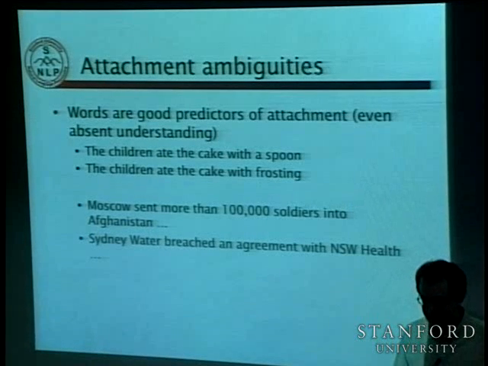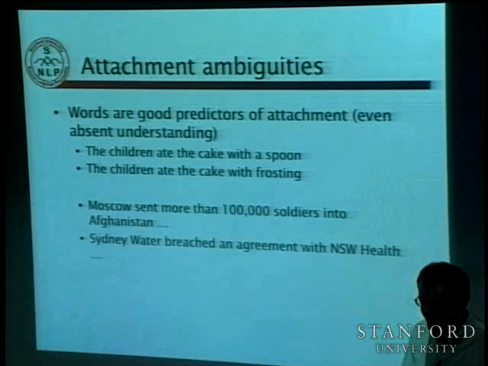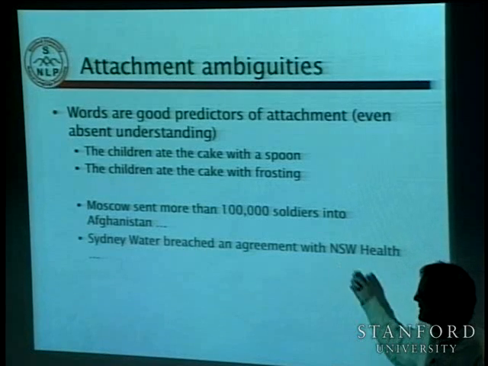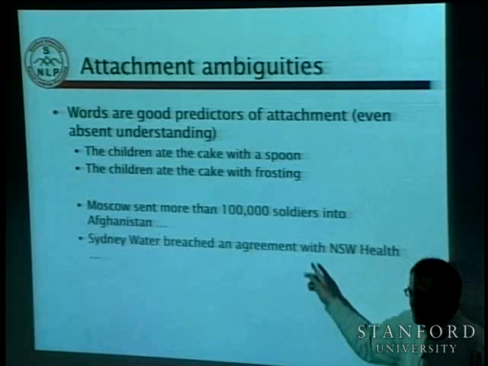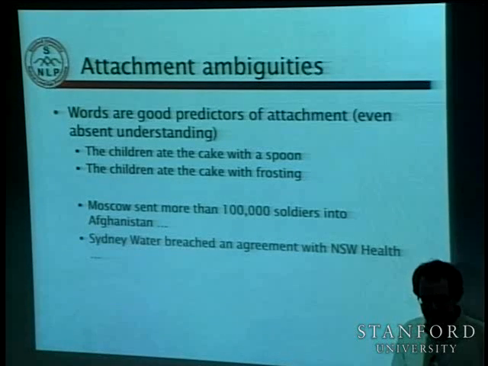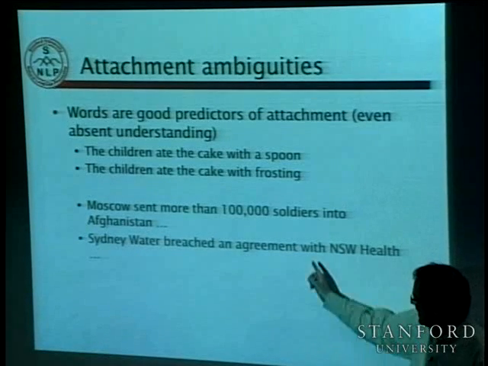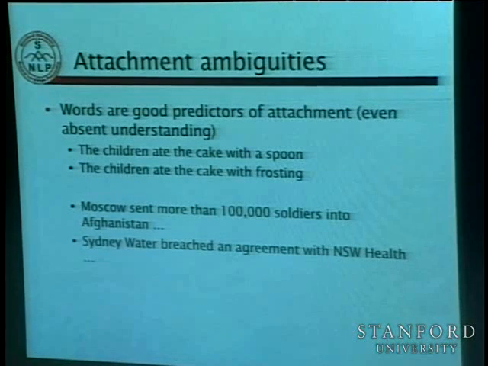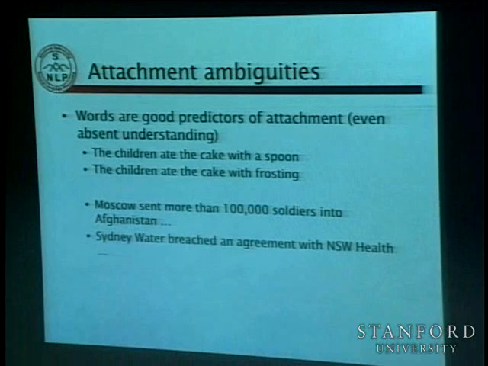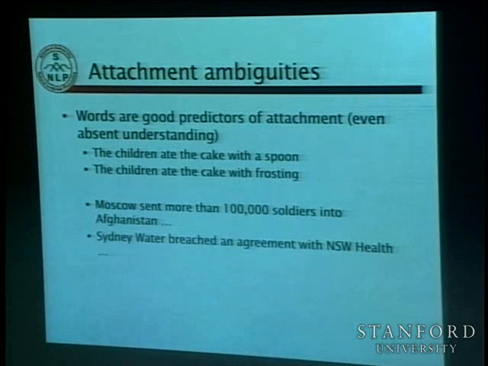Soldiers into Afghanistan, soldiers into, doesn't seem to work. Sydney Water breached an agreement with New South Wales Health. Agreement with, that's a very common pattern that you see a lot. Breached with doesn't sound so good. So it seems like we could use information about the words to resolve prepositional phrase attachment ambiguities.